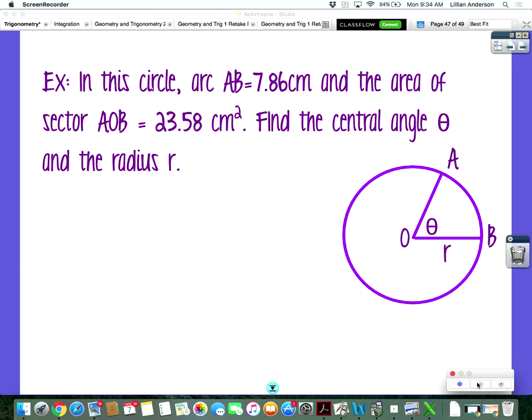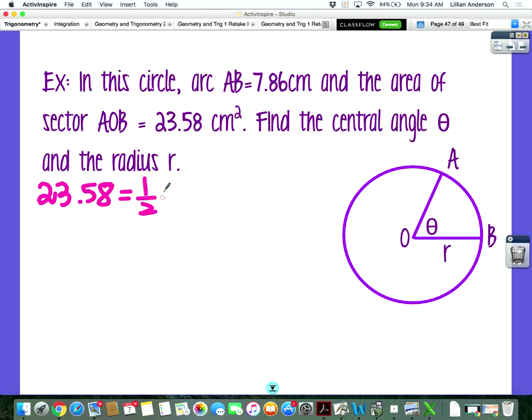Anybody try to set up an equation? Kind of. What equation did you set up? Okay. Anybody set up a different equation? Okay, you have those two types of formulas.